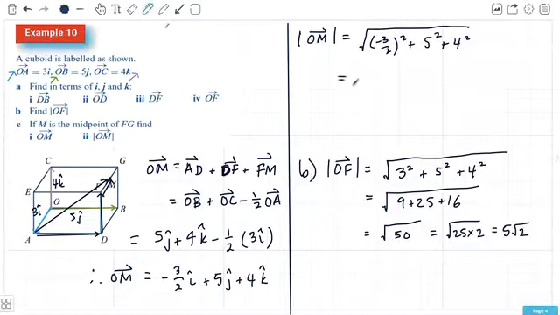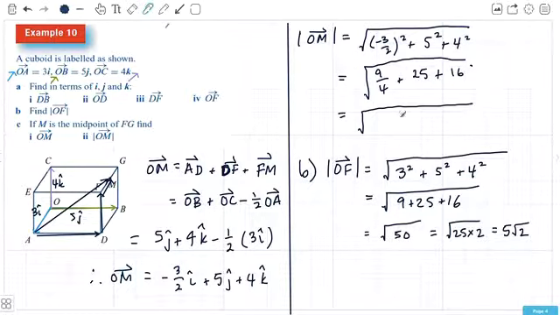Now this is slightly ugly in the sense that we're now going to get 9 over 4 plus 25 plus 16. A nice way of working with something like that is to make everything over the same denominator. So I'm going to make everything here over 4. So 4 times 25 is 100, and 4 times 16 is 64.